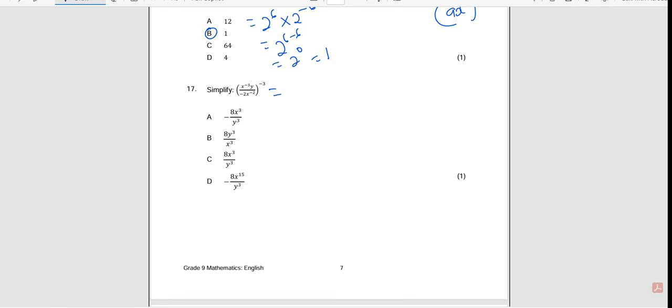That's what we are going to do to simplify this question. So what are we going to do?